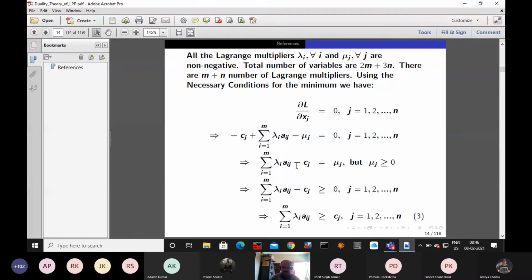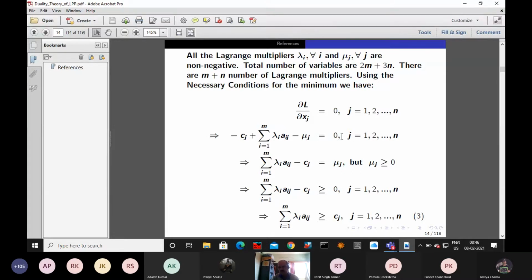So we have minus Cj plus summation over i varies from 1 to m lambda i aij minus mu j equal to 0. We have assumed all the multipliers to be the dual variables, the primal variables being x.